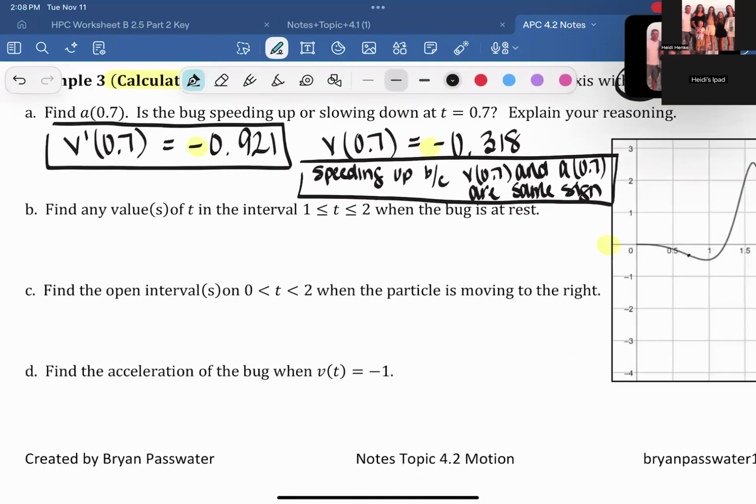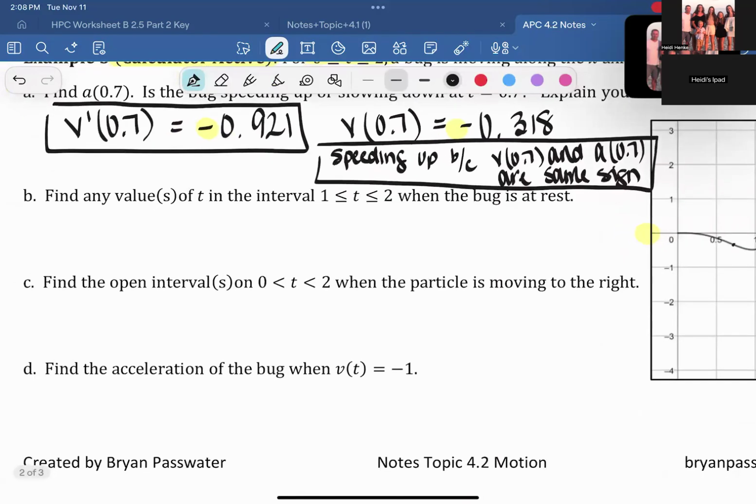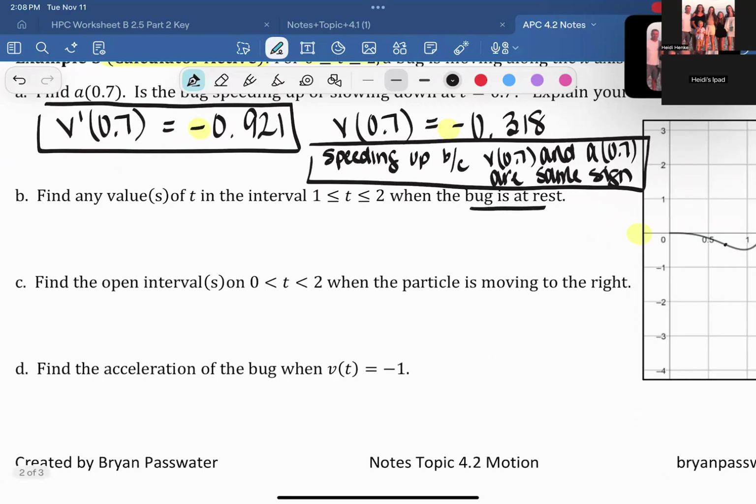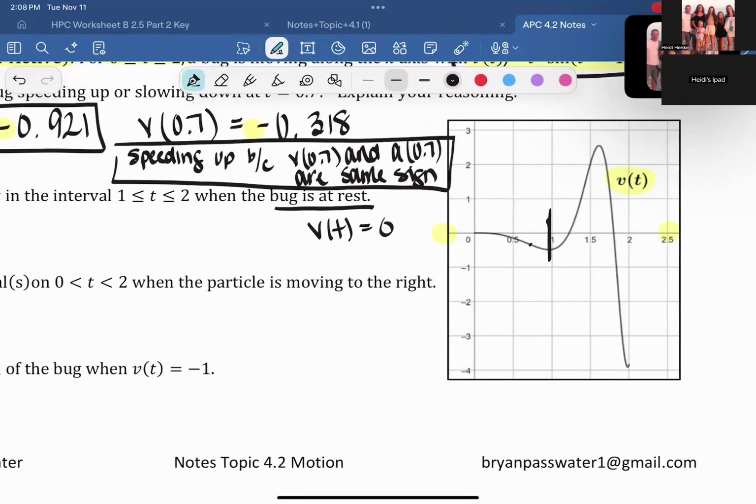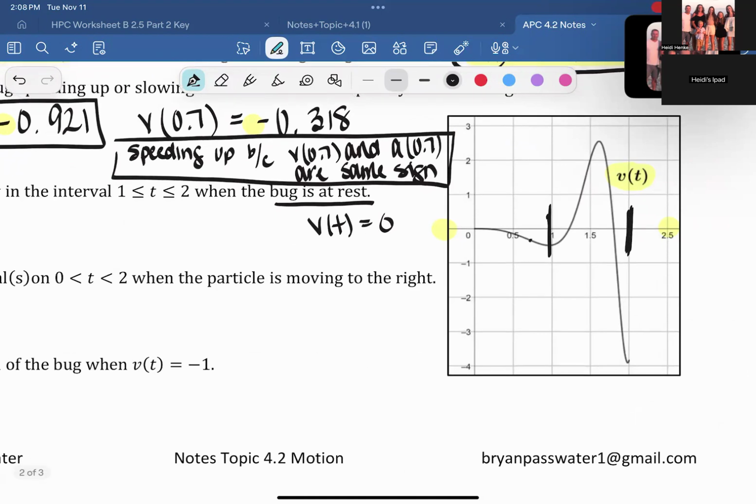All right, moving on to B. Find any values from 1 to 2 when the bug is at rest. At rest means that our velocity is 0. Looking at the graph between 1 and 2, are there any times where my velocity is 0? Yes, here and here. I'm not going to guess those.